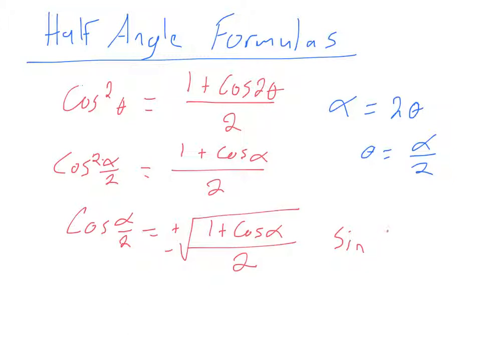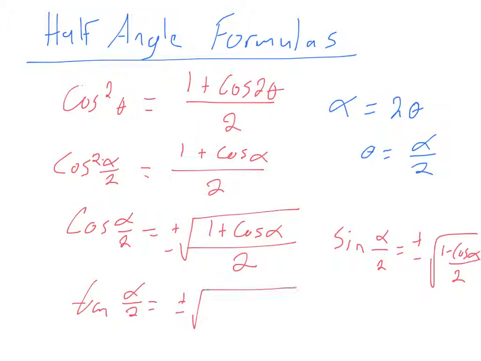So sine alpha over 2 is equal to plus or minus the square root of 1 minus cosine alpha over 2, right? And tan alpha over 2 is equal to plus or minus the square root of 1 minus cosine alpha over 1 plus cosine alpha. And these all were derived directly from the power reduction formulas for cosine, sine, and tangent.